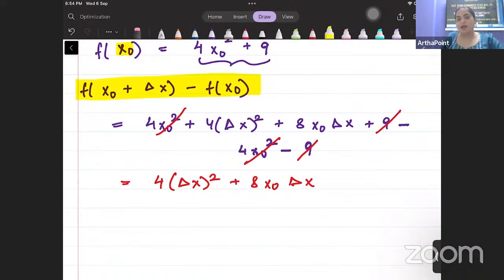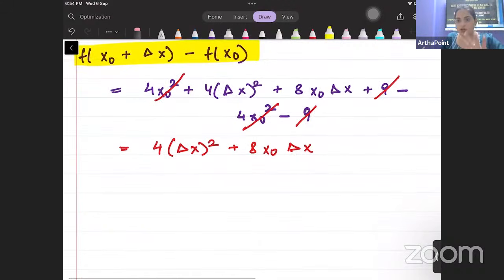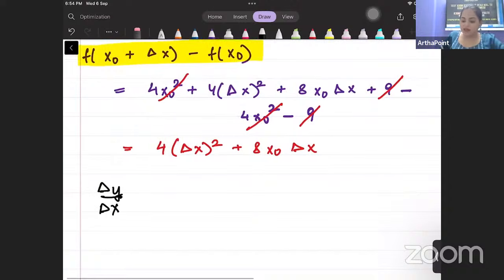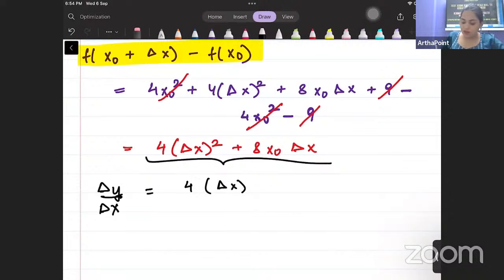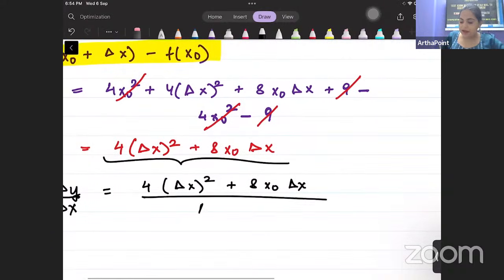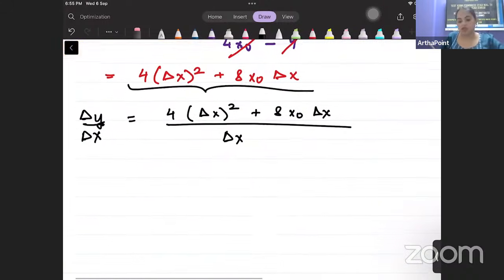Now what were we asked to find? The difference quotient. What is the difference quotient? Very simple, change in y by change in x. Change in y I have found as this: 4 change in x whole square plus 8 x naught change in x, divided by change in x. Just solve that.